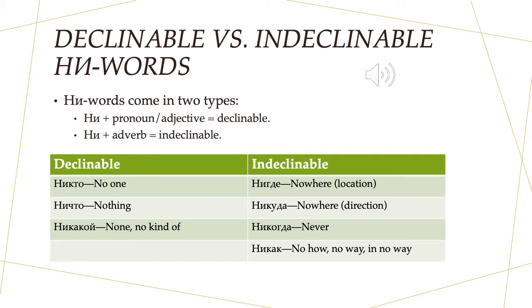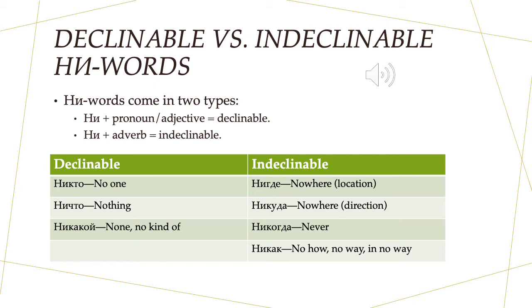And just like где, куда, когда, and как never decline, нигде, никуда, никогда, and никак don't decline. However, we also have these declinable ni words that are formed from ni plus a pronoun or an adjective. And just like pronouns and adjectives decline, these negative pronouns or negative adjectives also decline.